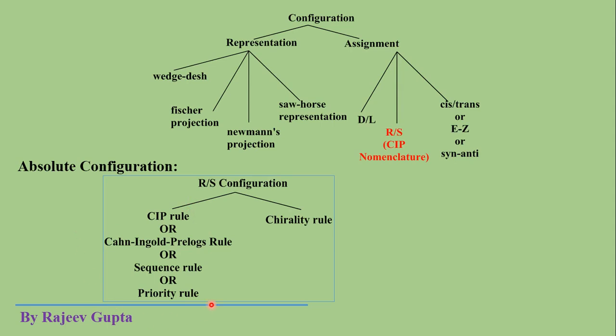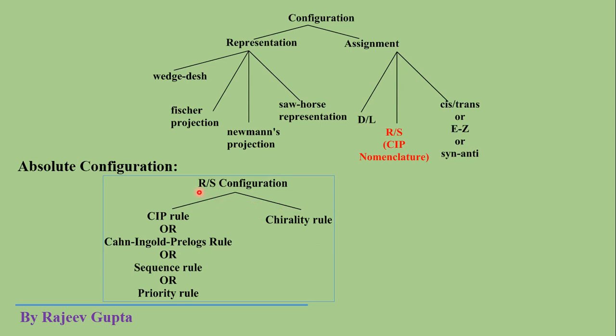In first step we will apply this CIP rule, and then in second step we will apply this chirality rule, and finally we will get whether it is R or whether it is S, meaning the chiral center configuration is R or it is S.